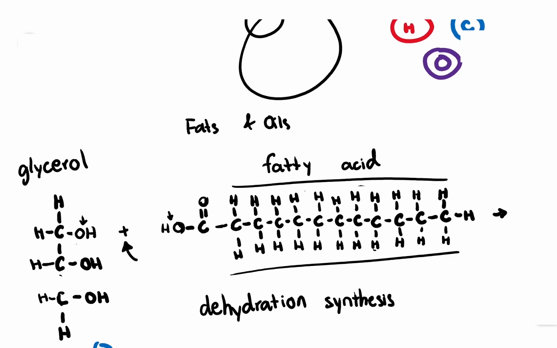So in this, you have 2 hydrogens and 1 oxygen that leave to create water, and you're left with this oxygen. Now, the structure or the bond that is created between the glycerol and the fatty acid is called an ester bond. And this is because you have an acid bonded to the carbon.